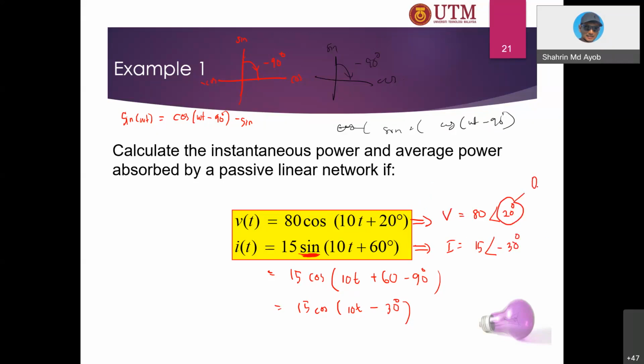This one is your theta V and this one is your theta I. So P is equal to 80 times 15, which we assume is the maximum value, over 2, cos of theta V minus theta I, so 20 minus 30 degrees. So what is the answer?